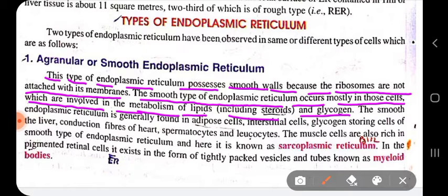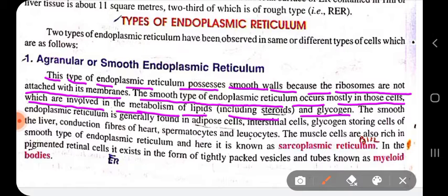As you will see in the functions, they are involved in the metabolism of glycogen, converting glycogen into glucose to get energy for the cell.